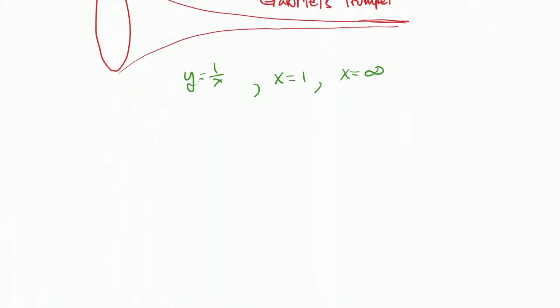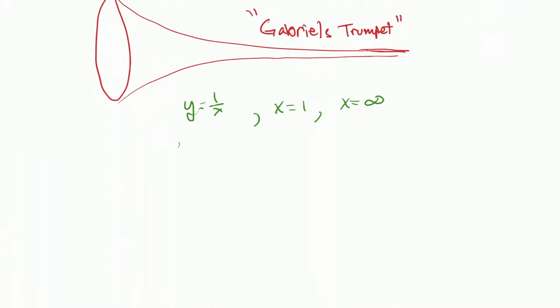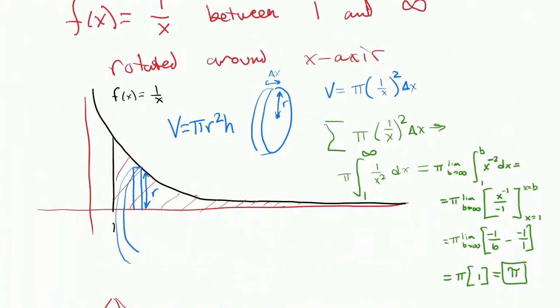So let's set this thing up. If you don't mind, I'm just going to do it like this. So you have 2 pi times the function, because we're rotating around the x-axis. I did draw the picture up here. You can see the radius is the function.